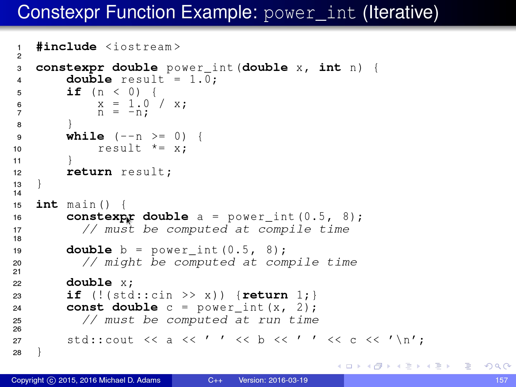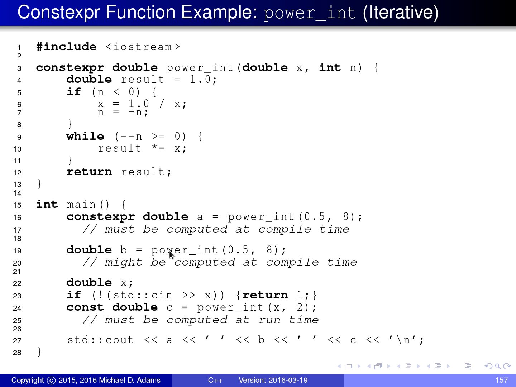If we just change this line slightly and drop the Constexpr, which is in effect what we have on this line down below, line 19, so here b is not a Constexpr variable. In this case, even though powerInt is being invoked for arguments that are both constant expressions, 0.5 and 8 are constant expressions, so in principle, the compiler could evaluate the result of powerInt at compile time, but it's not required to do so, because the result of this function is being assigned to just a regular non-Constexpr variable, so there's no guarantee that b has to be computed at compile time.